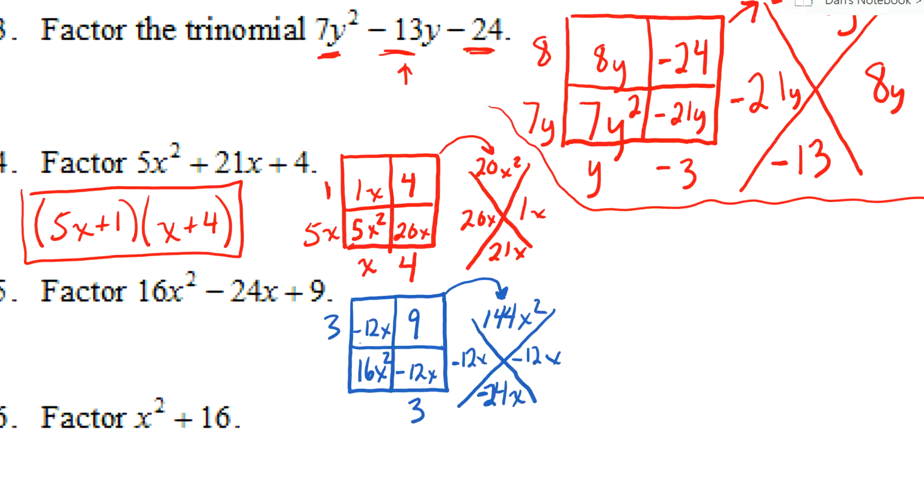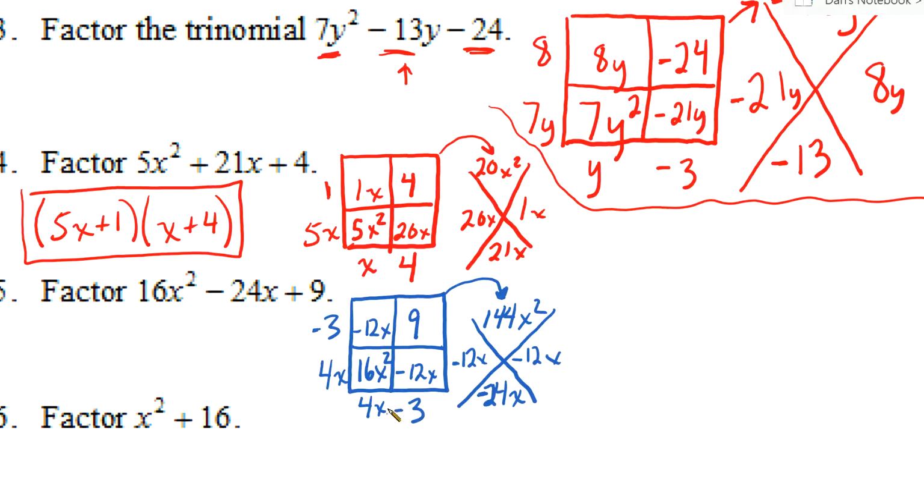Now, I'm looking here. 16x squared, I also see as a 4x times a 4x. I have to be a little careful here because I have this negative 12. So one of these, either the 4x or the 3, has to be negative. And usually you make your constant numbers negative.